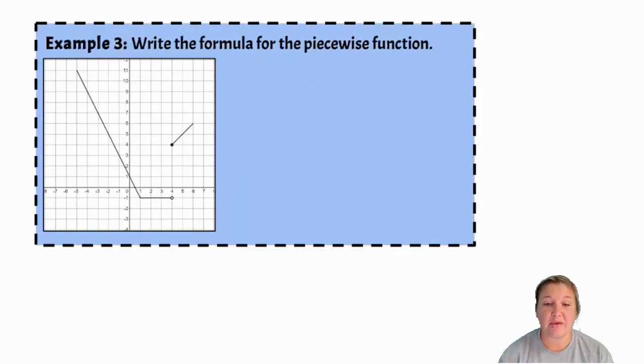All right, so we're going to look at piecewise defined functions real quick. I have one example here. We're going to write the formula for this piecewise defined function. All of these are linear, so that makes it really nice. This line right here, based on slope-intercept form, is going to be y equals negative 2x plus 1.